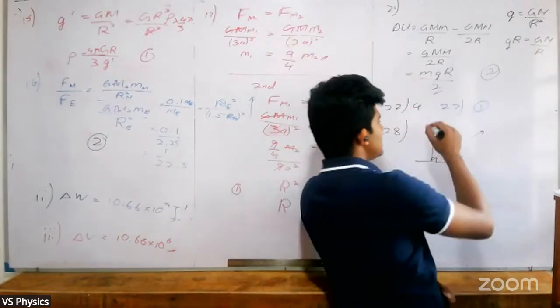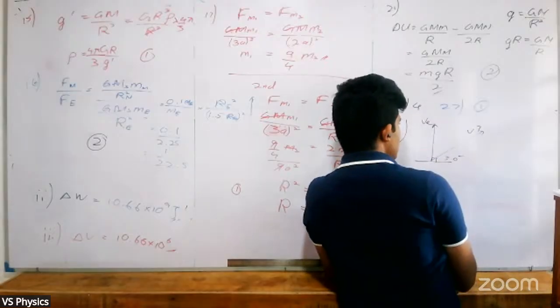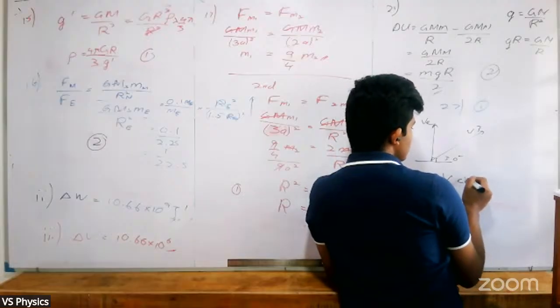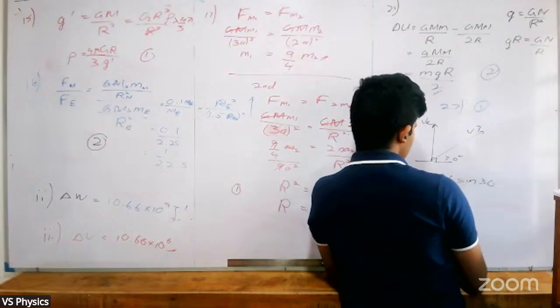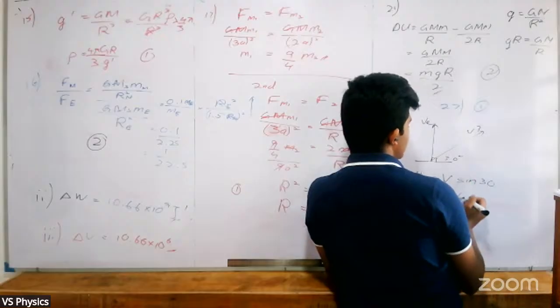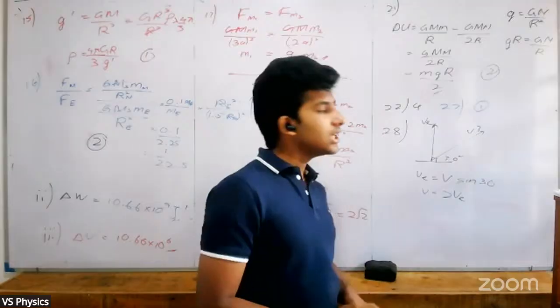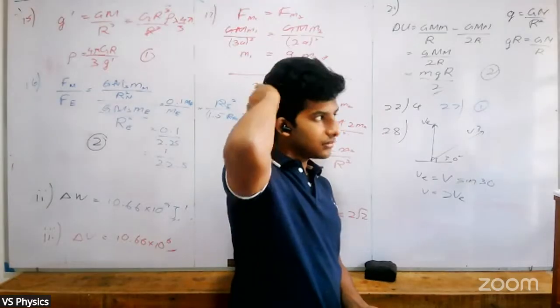That means this is our escape velocity. We have to find this velocity. VE is equals to V sin 30. Sin 30 half නේ, 2VE. So escape velocity twice එක දුන්නාම තමයි at the 30 degrees angle it will exit the Earth.